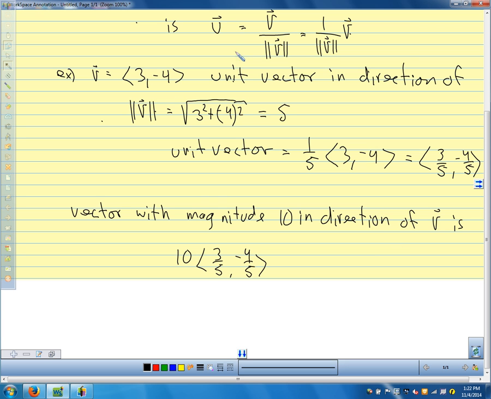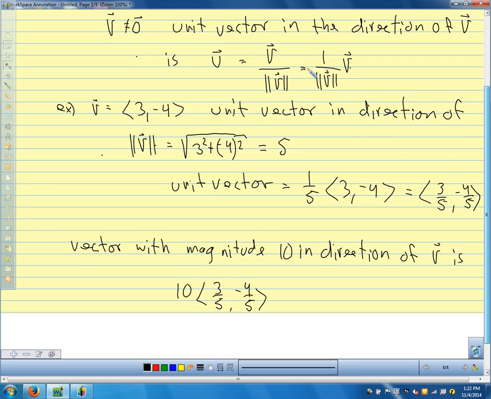Yes, because we want to divide. The idea here is we're dividing by the magnitude. We're dividing the magnitude out of the vector, essentially. So if our magnitude is 5 and we divide by 5, then 5 divided by 5 is 1. So we're getting rid of that magnitude by dividing by it.